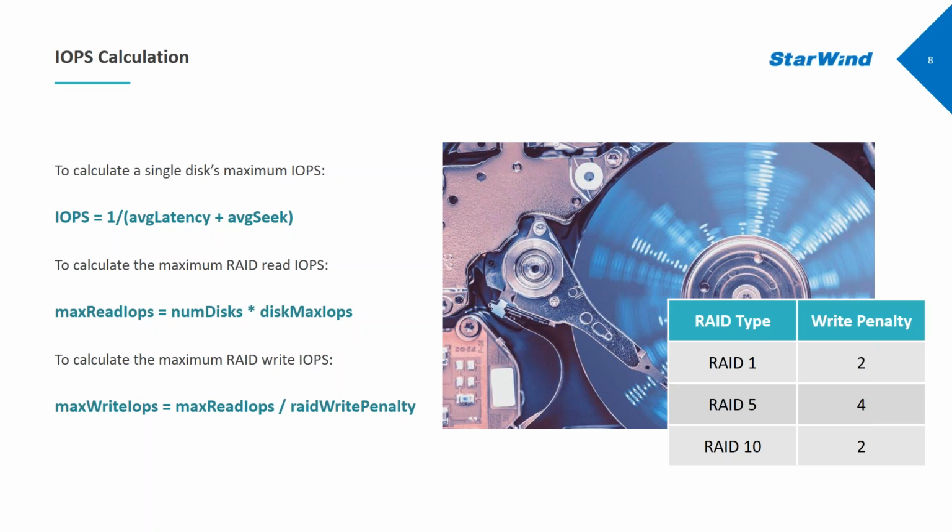The type of RAID array determines the severity of the write penalty. This penalty is a result of the redundancy that the RAID provides. The array necessarily has to write the data to multiple disk locations to ensure data integrity. Now, calculating the maximum read IOPS for the RAID array is quite simple.